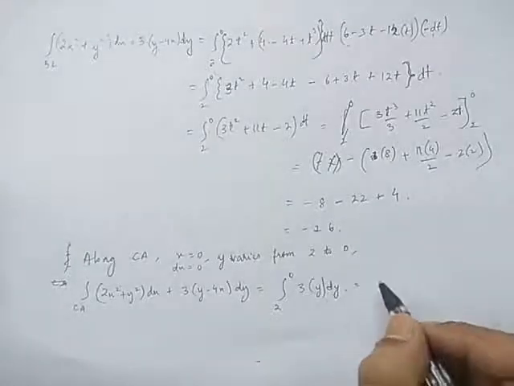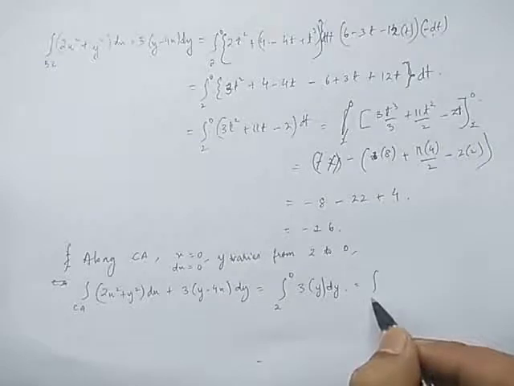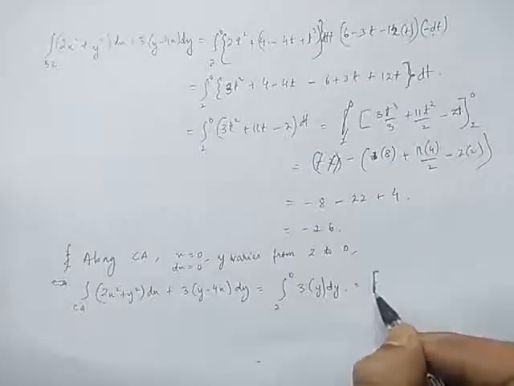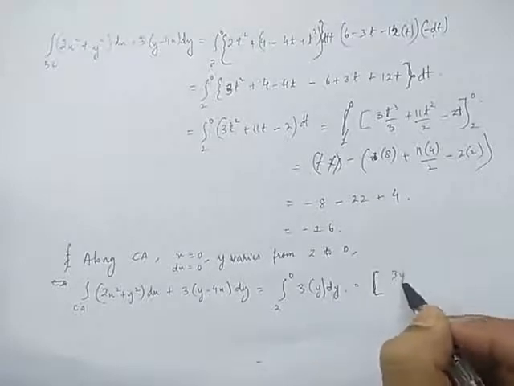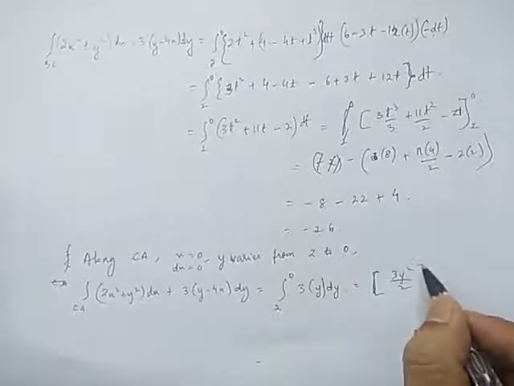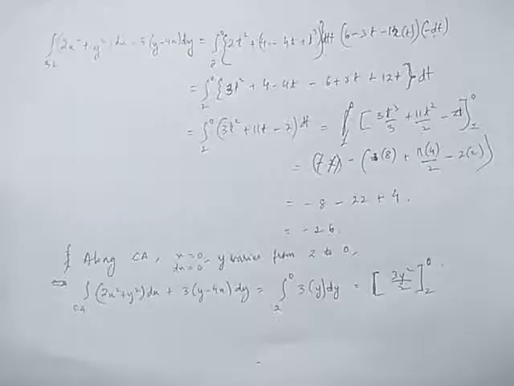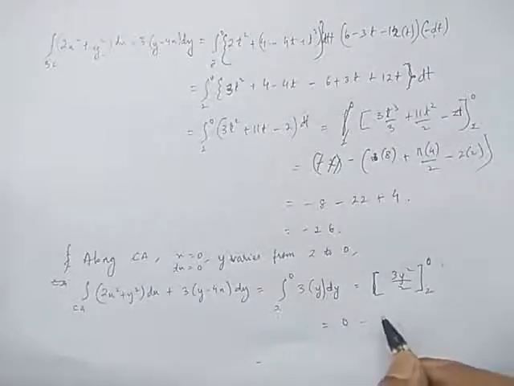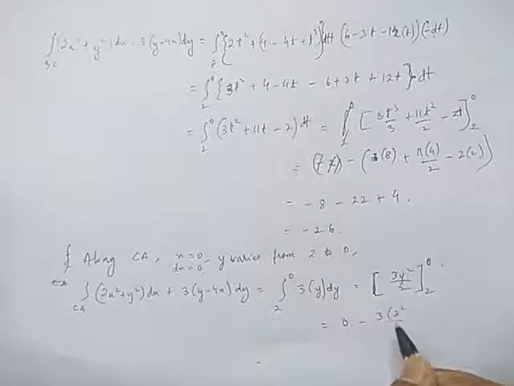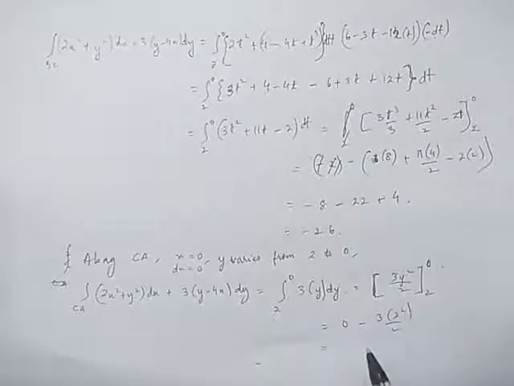So this will give me 3y squared by 2 from 2 to 0. So this is 0 minus 3 into 2 squared by 2, which is minus 6.